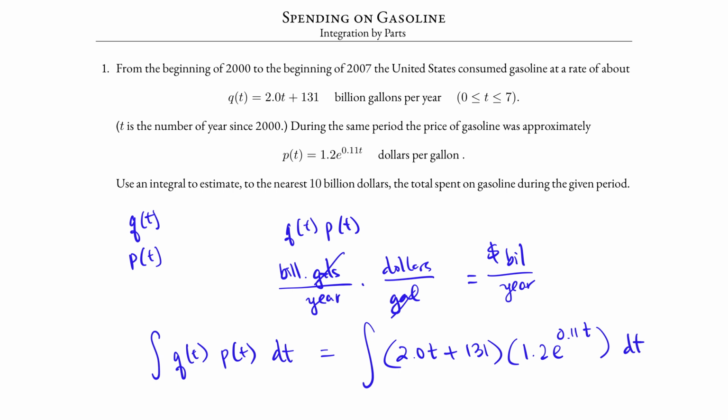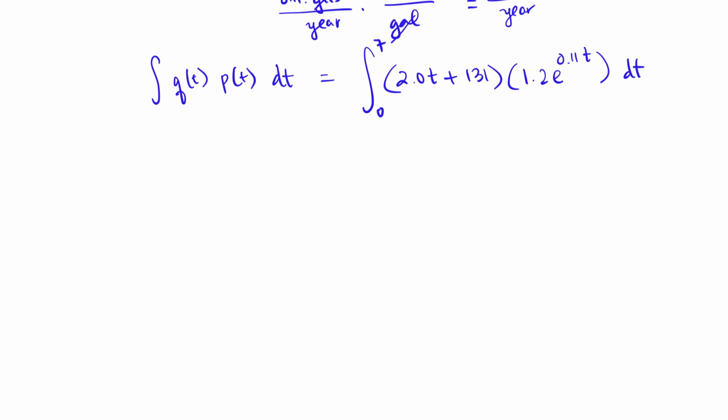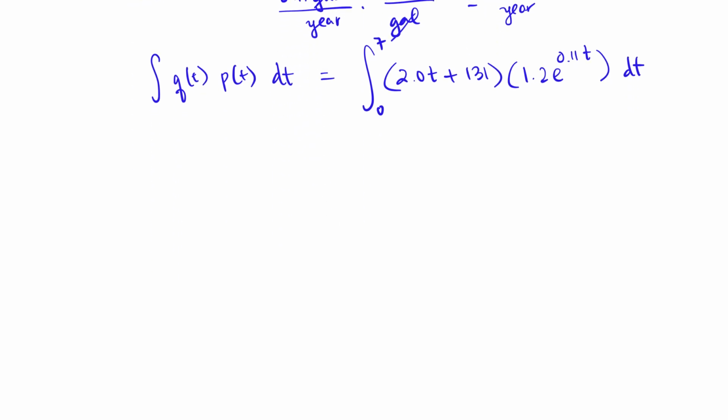And we will do this by integrating from 0 to 7 because we're looking for the total spend during the given period from 0 to 7, the year 2000 to the year 2007. First, we need to find an antiderivative of the integrand.